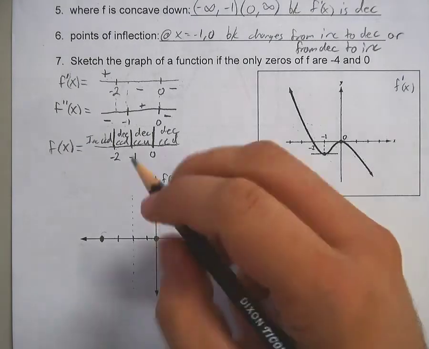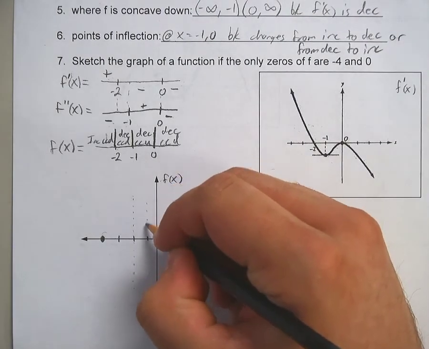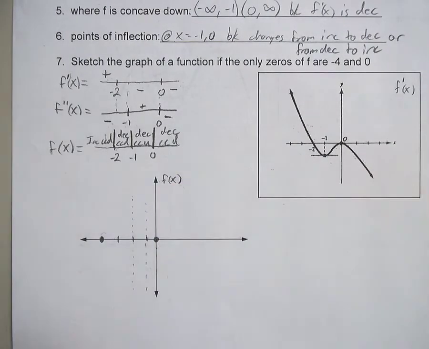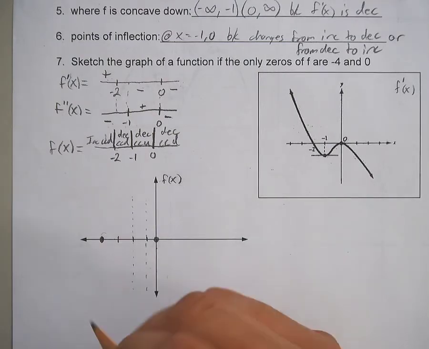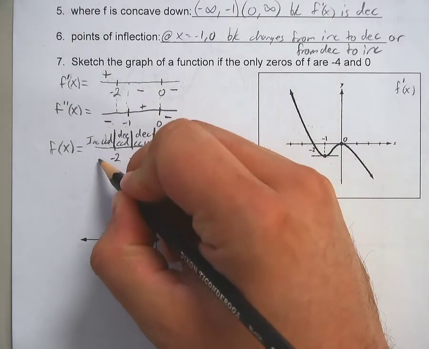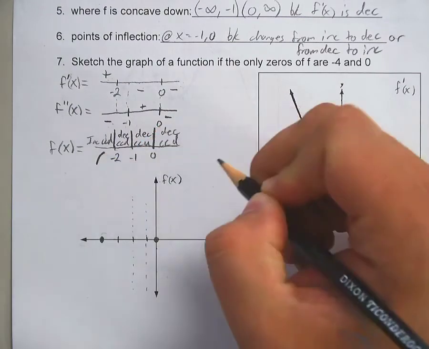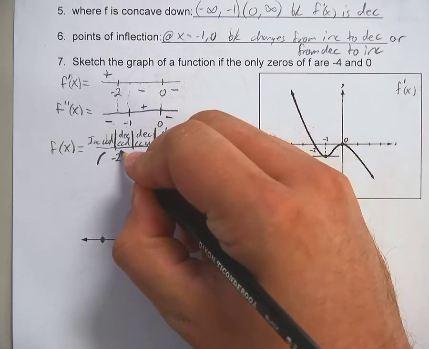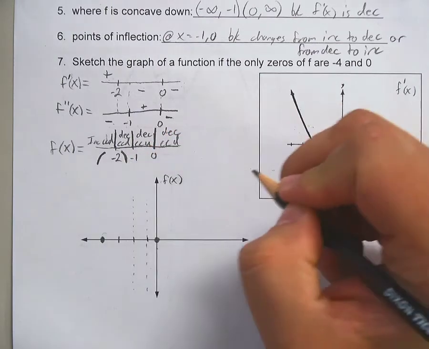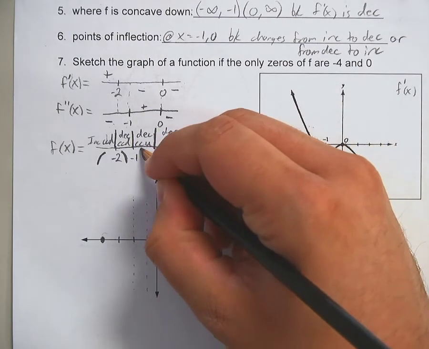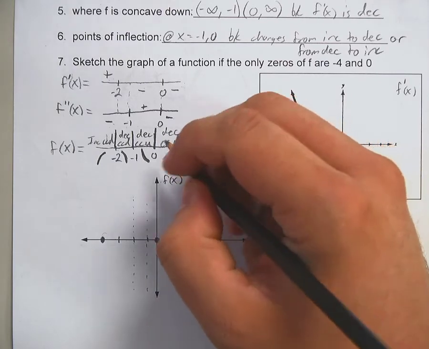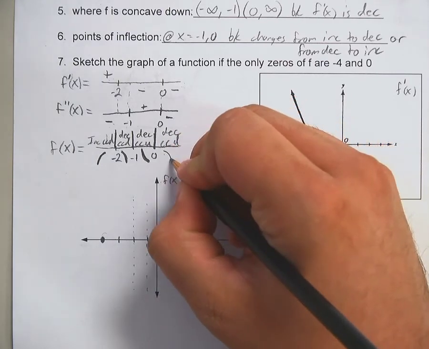I also know something is going to happen at -1, and something is going to happen at 0. Now remember what each of these pieces look like. Increasing concave down looks like this. Decreasing concave down looks like this. Decreasing concave up. And decreasing concave down.